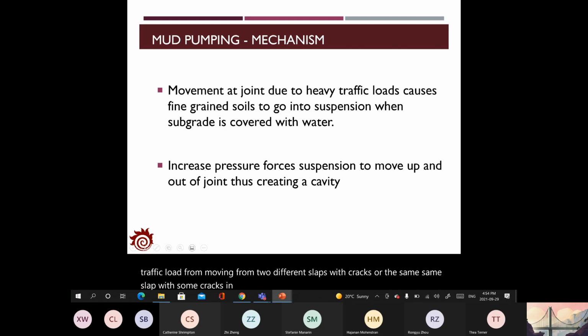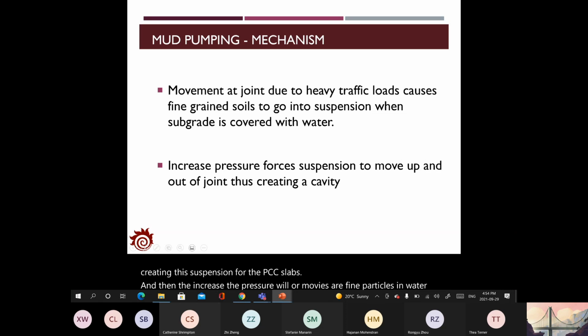This heavy load will move the fine-grained soils with the waters, and they will create a suspension for the PCC slabs. And then the increased pressure will move these fine particles and the waters out of the pavement structure.